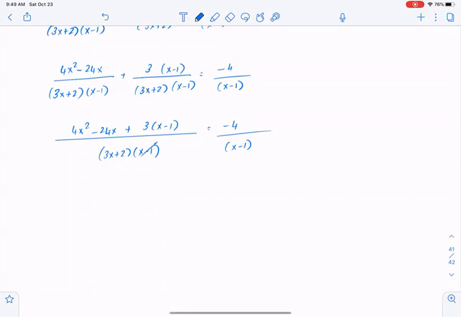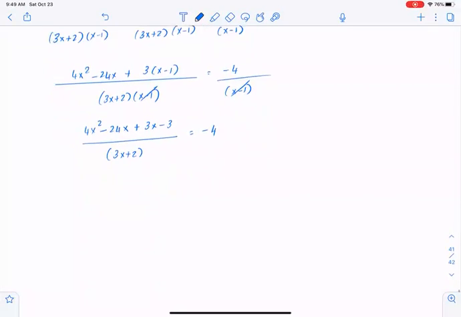I can cancel out that common denominator on either side. So I have 4x squared minus 24x, distribute the 3, plus 3x minus 3, divided by 3x plus 2 equals negative 4.